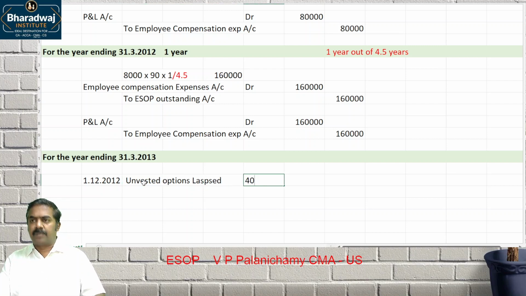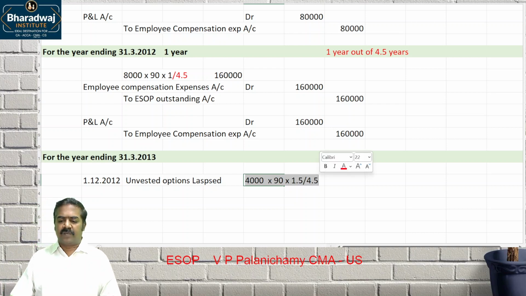How many unvested options? 4,000 options. What is the provision created? 90 into 1.5 by 4.5 we created in the past. 4,000 options lapse. What is the fair value? 90. What was the provision created in the past? First year 6 months, next year 1 year. 1.5 years out of 4.5 years created.